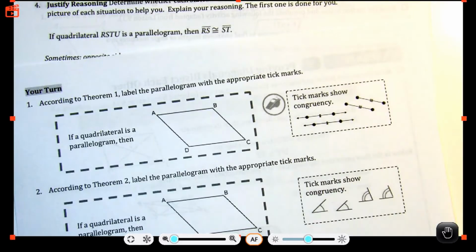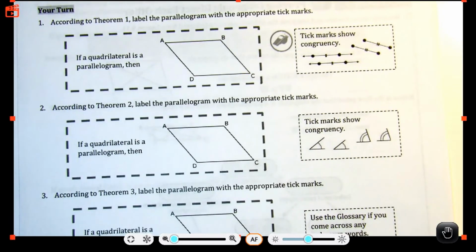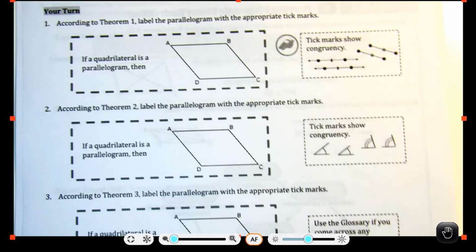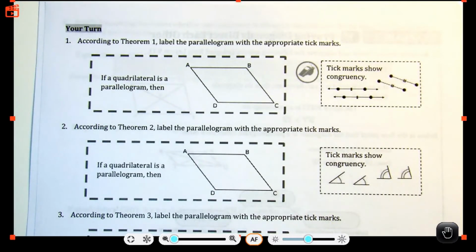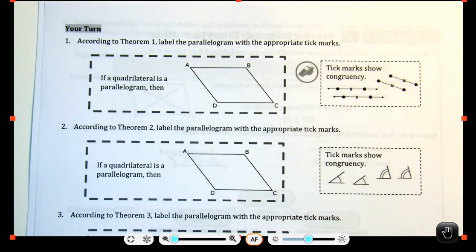So on page 14, let's recap what these theorems are. Remember, theorem 1 talks about congruent sides. So we could use a tick mark.